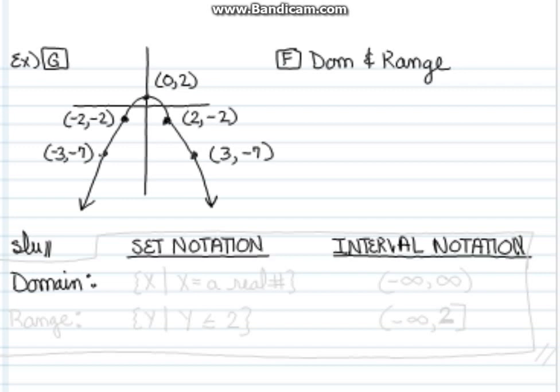Well, I've listed 5 ordered pairs up there, but as I told you earlier, there are infinitely many ordered pairs. I just threw some up there. So if you just examine the x coordinates, as you move to the left on this graph, the x coordinates are getting closer and closer to negative infinity.